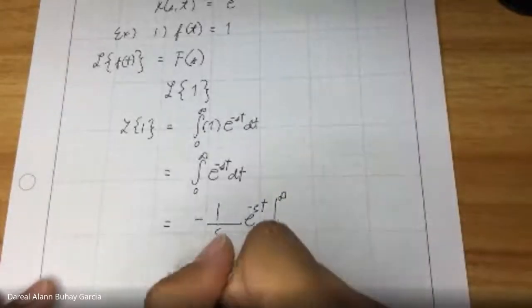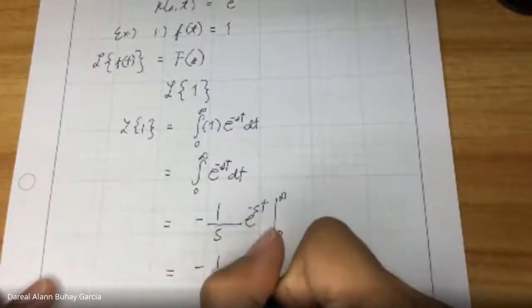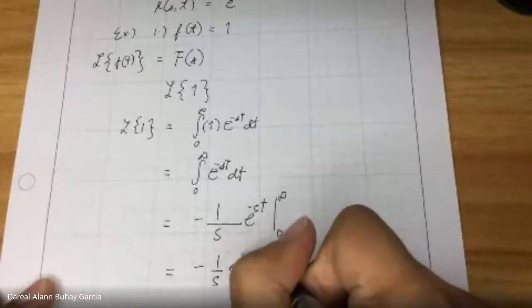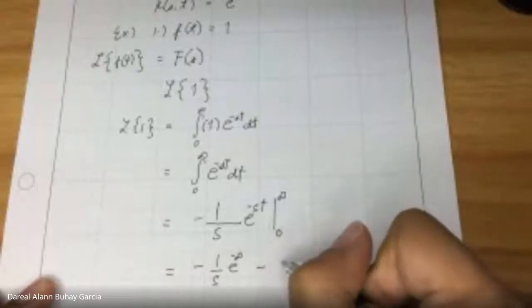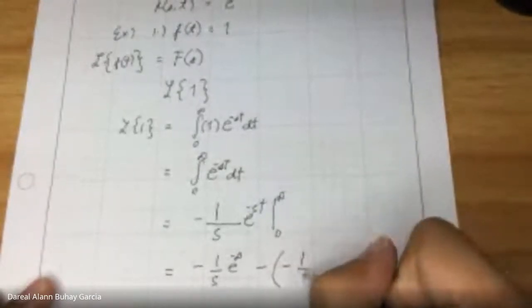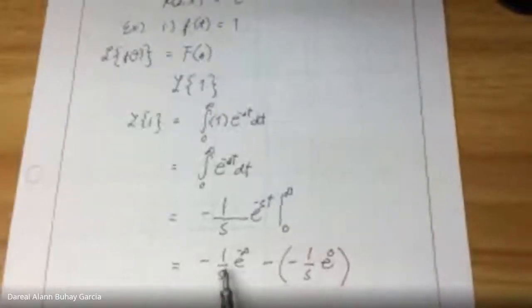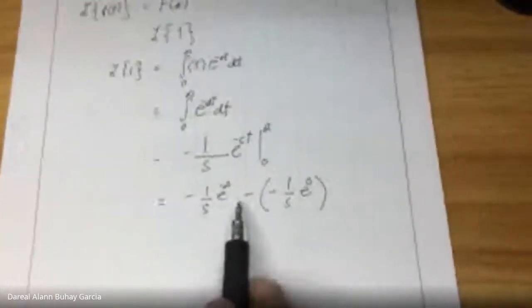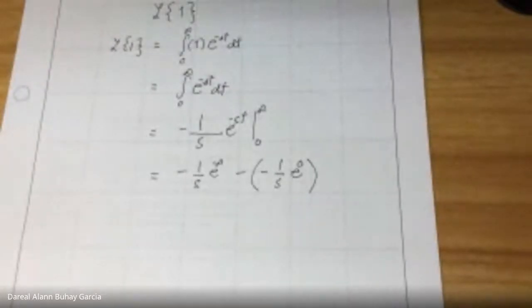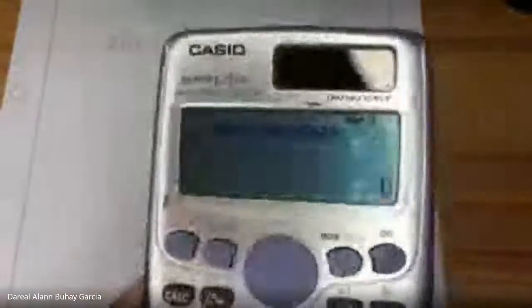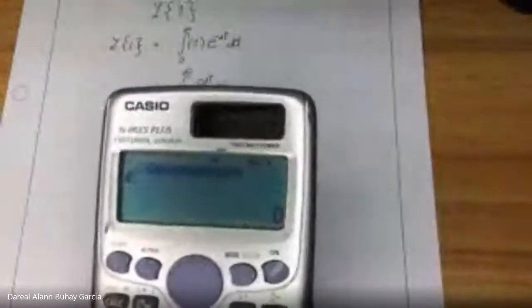So, replace na nato si t with infinity. Negative 1 over s e to the negative infinity minus negative 1 over s e to the power of 0. What's e to the power of negative infinity? Pwede naman na i-calculator. E to the power of negative 99999. No? 1, 0, sir. 1?